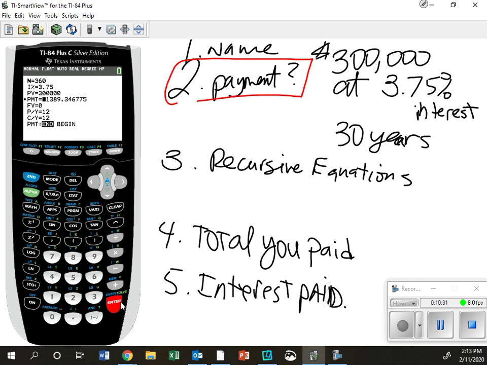1389.35. All right, next thing is we go to the y equals screen and we put all of this into the calculator with a loan of 300,000. Arrowing up here, I have to change my interest rate to 0.0375, and I got to insert a 0 there. 0.0375 divided by 12, because this is monthly, right?